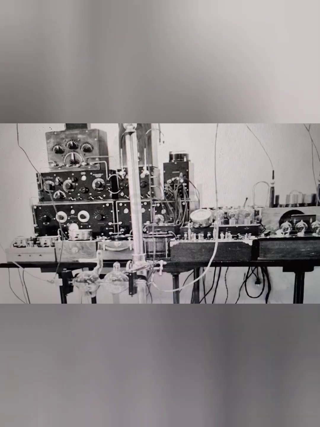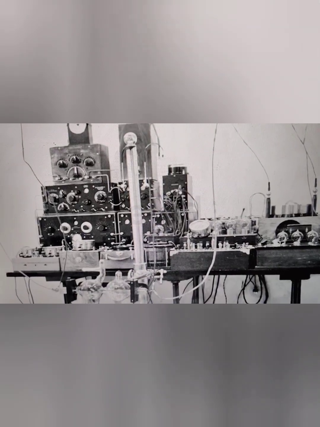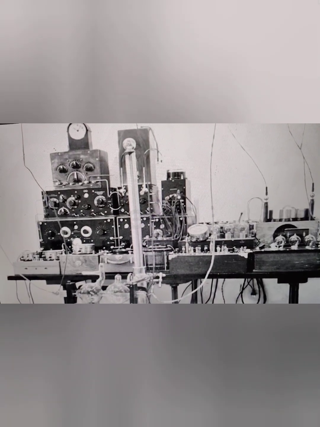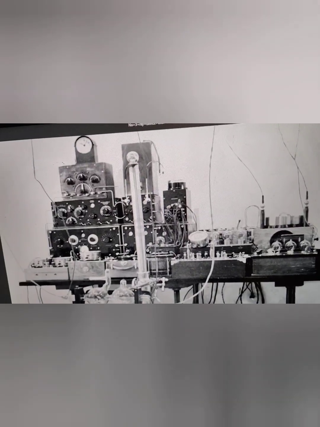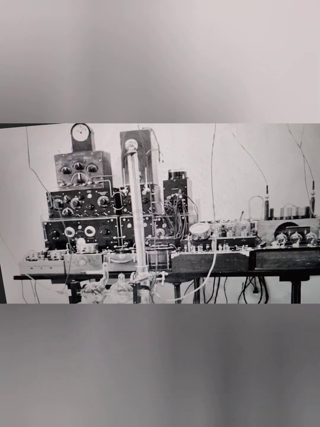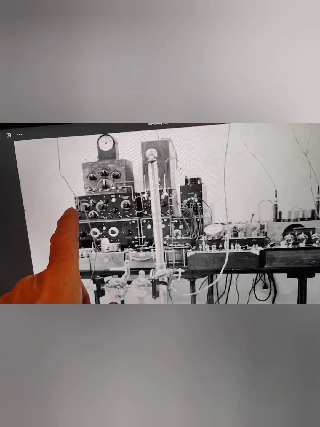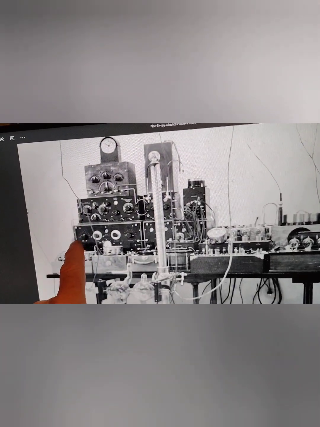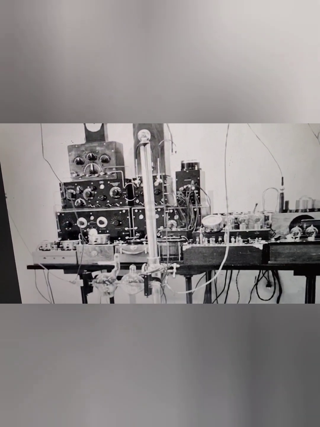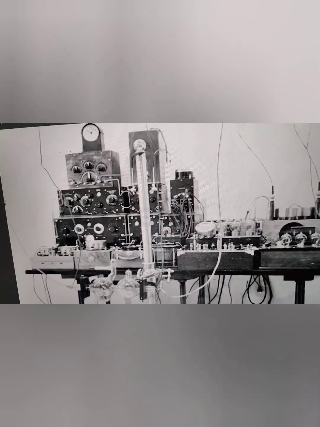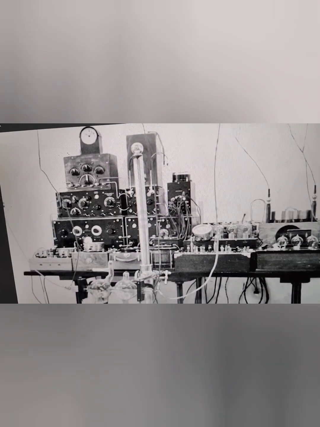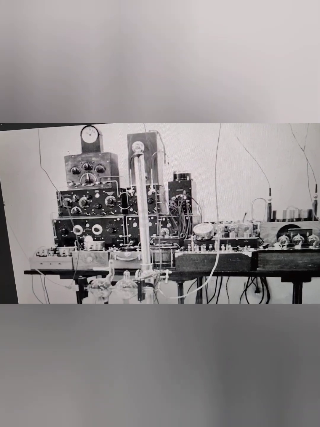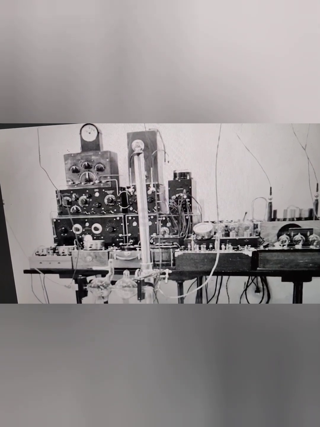You could do that with these receivers. These were regenerative receivers, and so when you increase the regeneration amplitude, you would get a carrier signal outputted from the antenna inputs, and these receivers turned into wonderful and accurate frequency generators at that point.